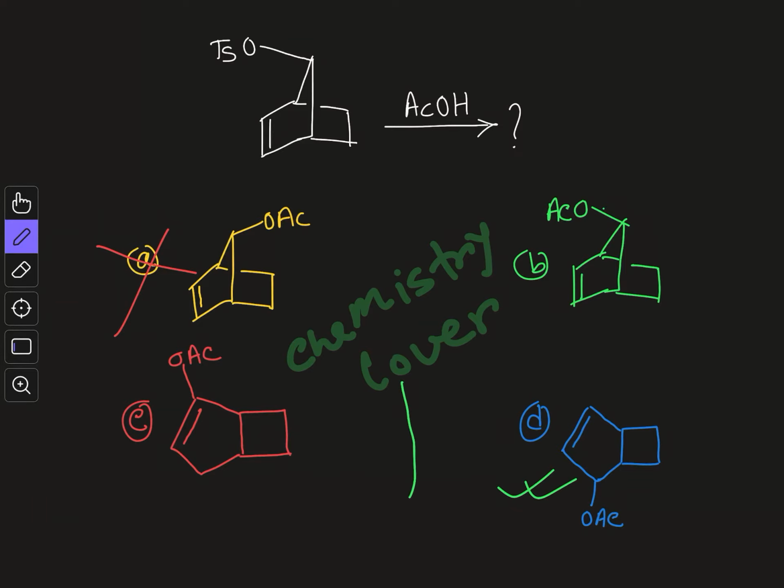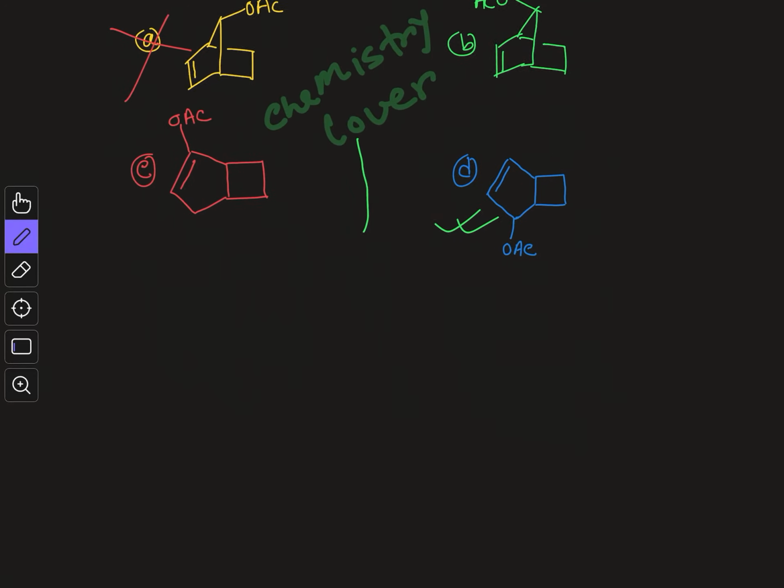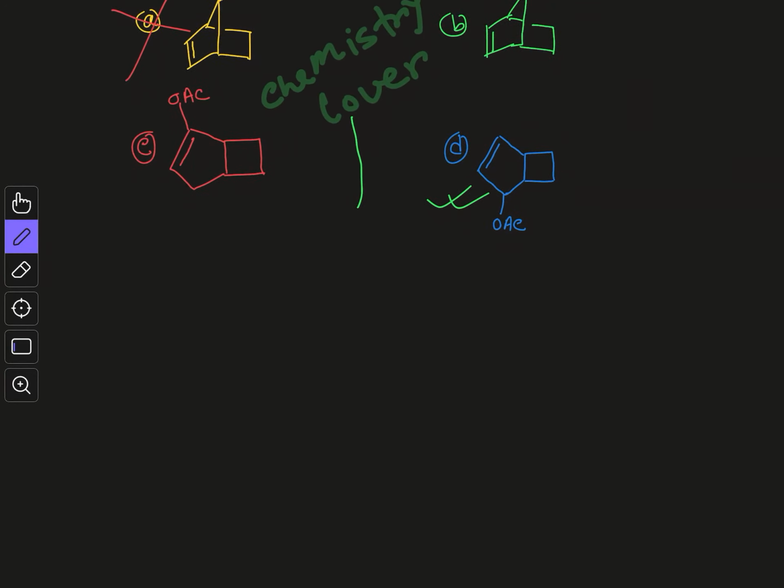Okay, so let me draw the structure again. This was the compound which was given, and it is a solvolysis reaction in acetic acid solvent, and on this side you have OTs.